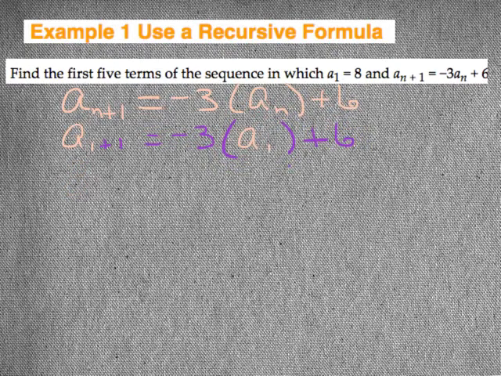Which then is going to allow me to find a sub 2, which is the second term. I take -3 times a sub 1, which I know is 8. And when I do this math, -24 plus 6 is going to give me -18. So that's going to be my second term.